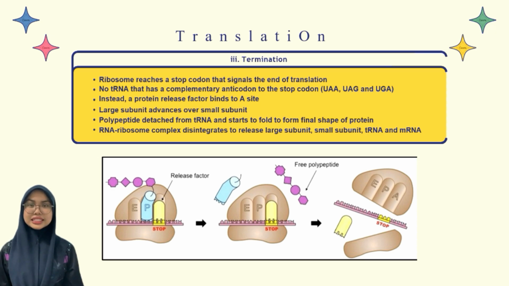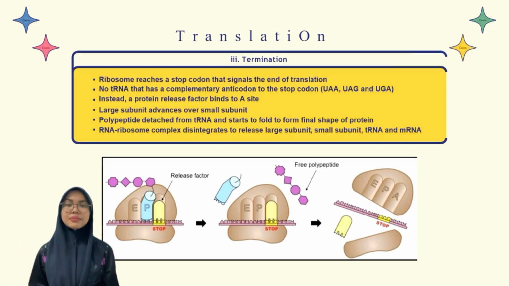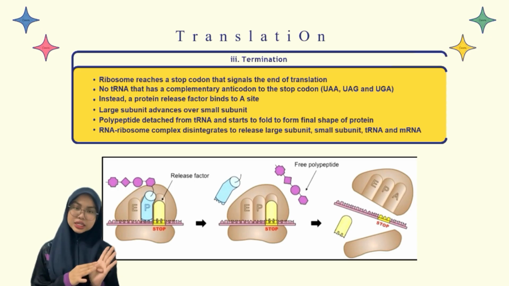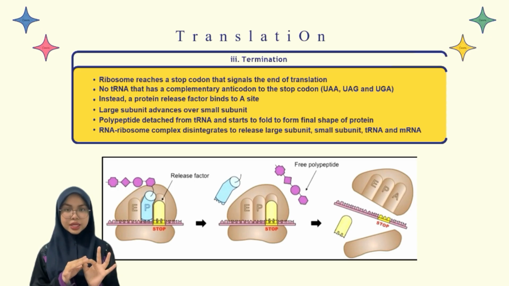Instead of a tRNA, a protein release factor binds to the A site of the ribosome. The polypeptide chain detaches from the tRNA and begins to fold into its final protein shape. Finally, the RNA ribosome complex disintegrates, releasing the large subunit, small subunit, tRNA, and mRNA.